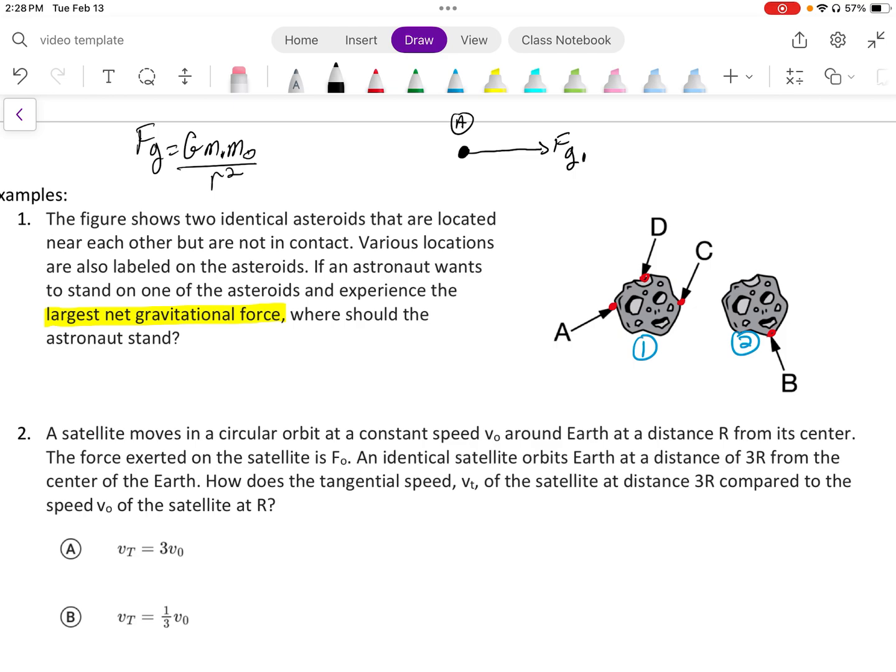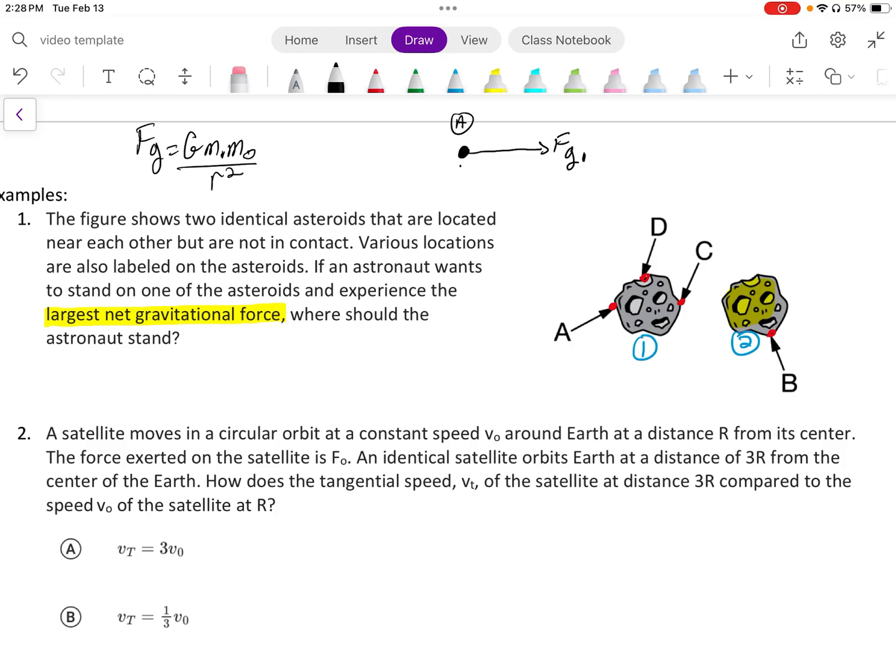Then I also have a force of gravity being created on that astronaut from asteroid number 2. And notice the distance from A to the center of asteroid number 2 is larger than the distance from A to the center of asteroid number 1.